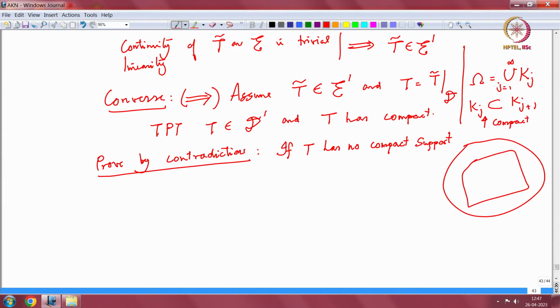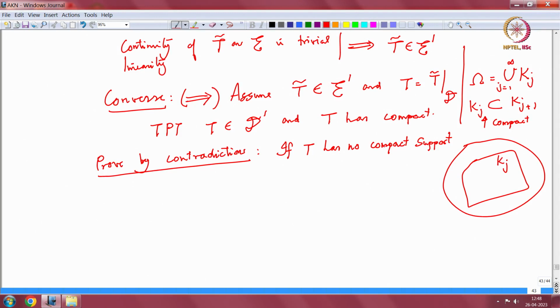Since T has no compact support, that is your assumption, this is your K_j, and you can always choose a phi_j with support outside it. Because K_j is not the support, it has no compact support, so T should give non-trivial values for functions supported outside.